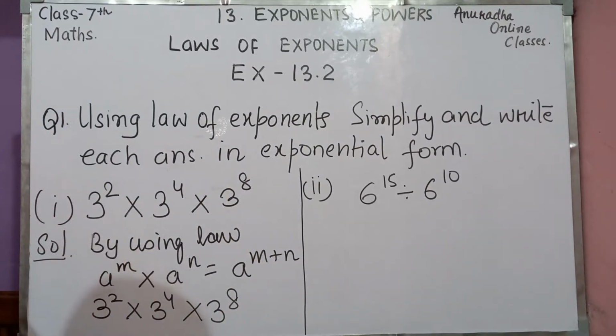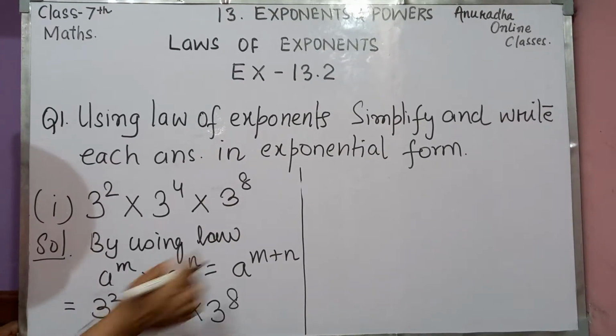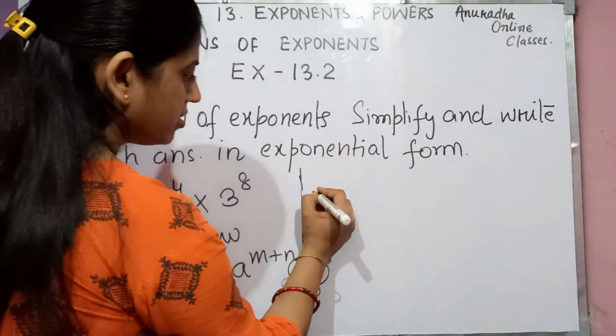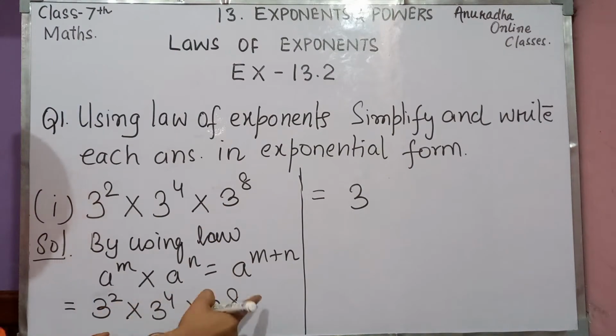So by using this identity you can write 3 as the common base and we will add the exponents.